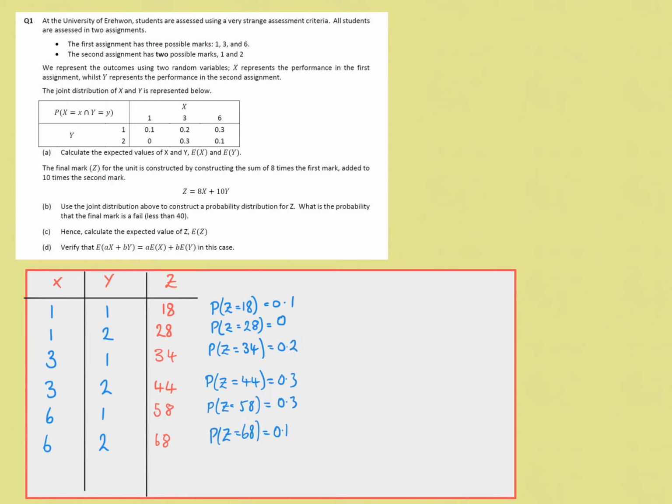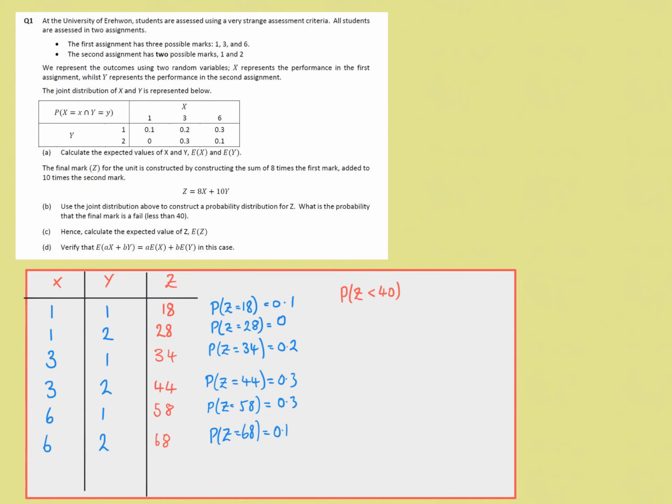In part B, we're also asked to calculate the probability of the individual failing. So in other words, the probability that z is less than 40. Since all of these outcomes are mutually exclusive, you can't get a mark of 18 and 28 at the same time. If we want to find the probability that the mark is less than 40, we just add up all of the probabilities where z is less than 40.